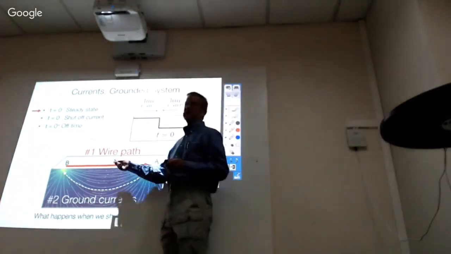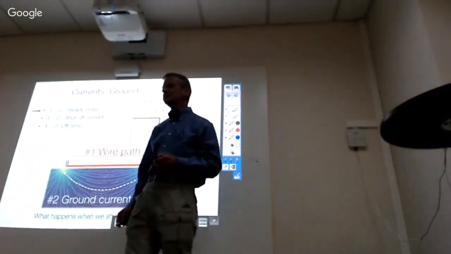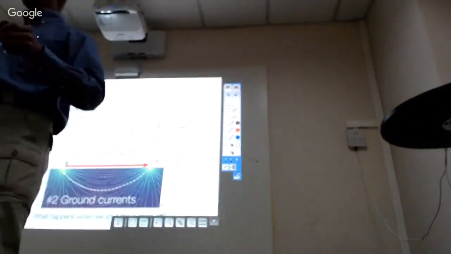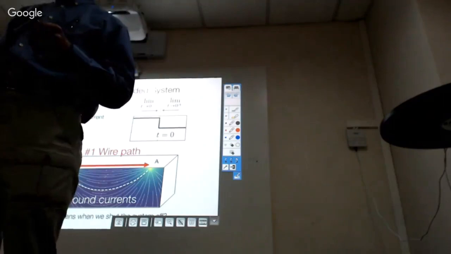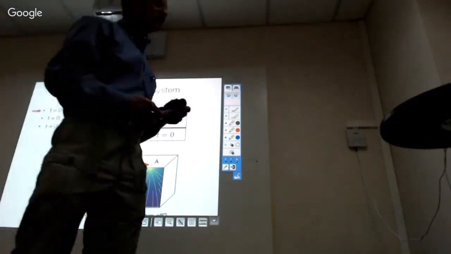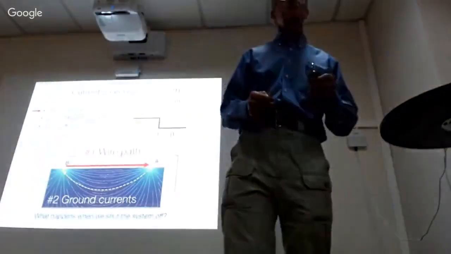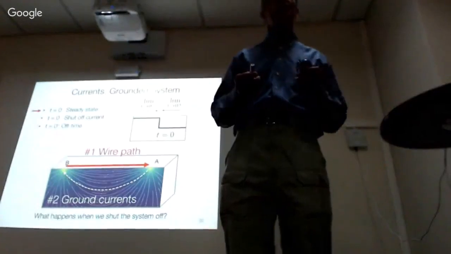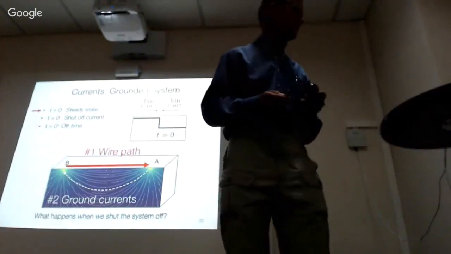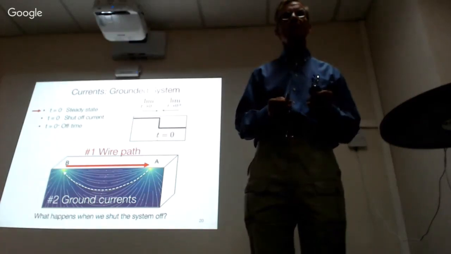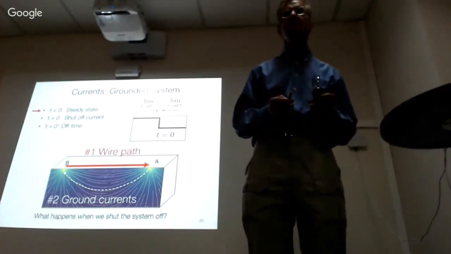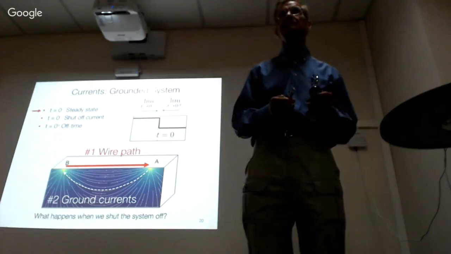So first of all, let's just think about the wire. Okay, we've got a wire, and we've got a current going through it, and now I turn it off. So what's going to happen the moment that I turn that off? The electrons in the wire want to move.